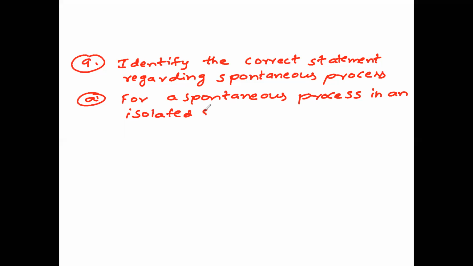What is an isolated system? Where neither matter nor energy will get transferred to the surroundings. The change in entropy is positive. The delta S is positive. Option B, endothermic processes.